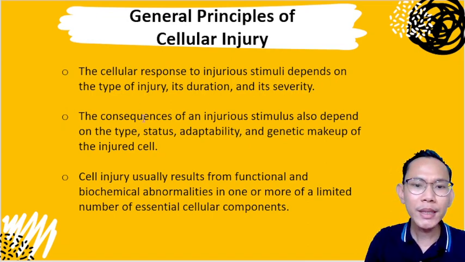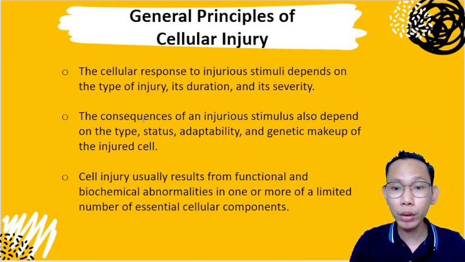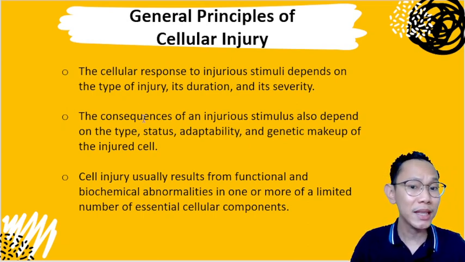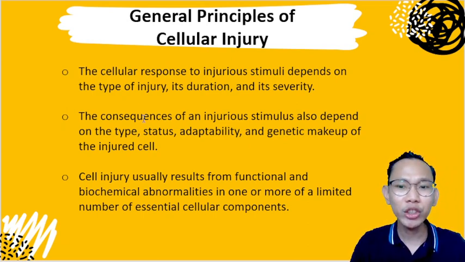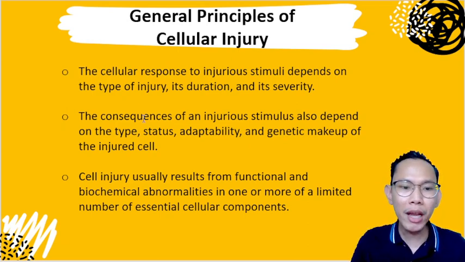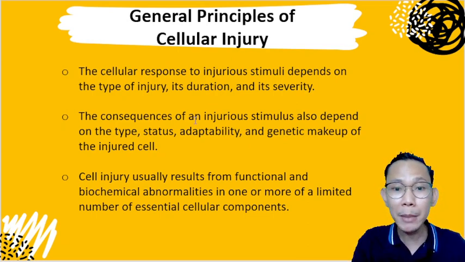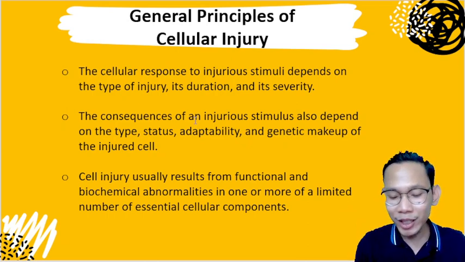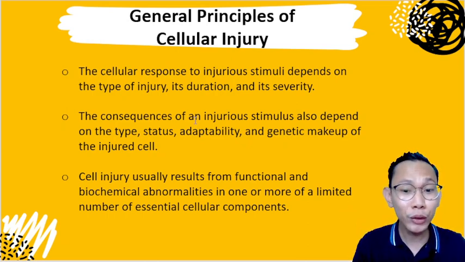Next, the consequences of an injurious stimulus also depend on the type and status, adaptability, and genetic makeup of the injured cell. For example, meron tayong striated skeletal muscle sa ating leg that can tolerate complete ischemia for 2 to 3 hours. Kahit magkaroon ng ischemia ang ating striated skeletal muscle for 2 to 3 hours, there will be no irreversible injury.